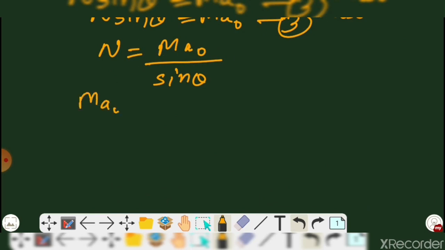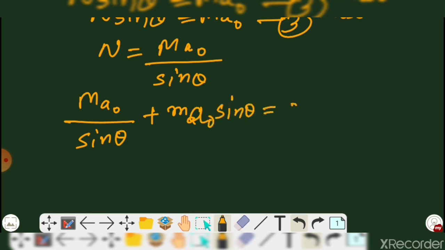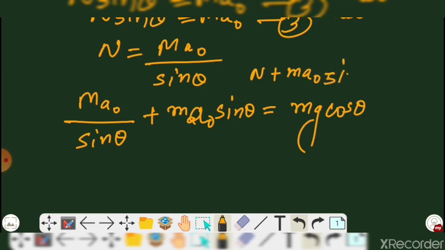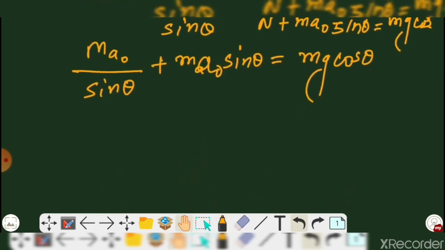So ma0 over sin theta, multiplied by sin theta, plus ma0 sin theta, is equal to mg cos theta. It was the first equation, and it was the second equation. So we are putting this value and now solving it simply.